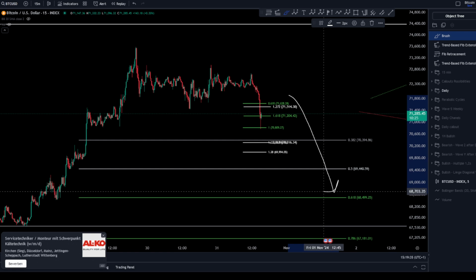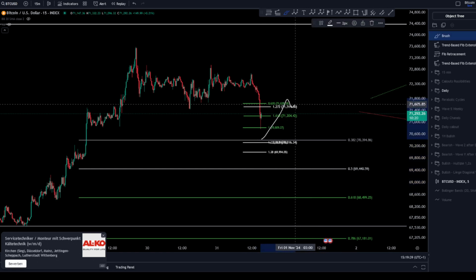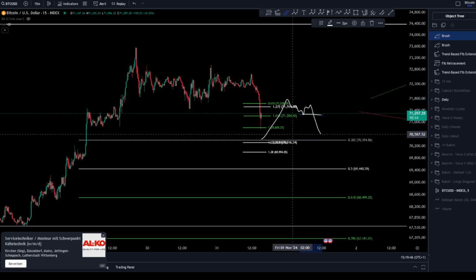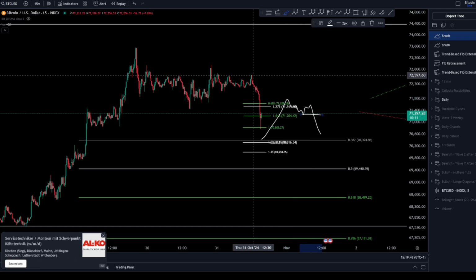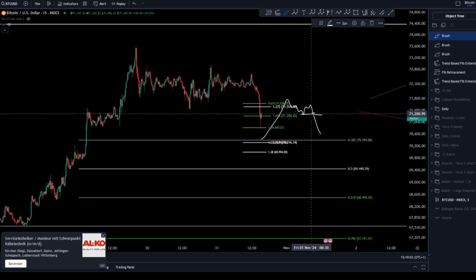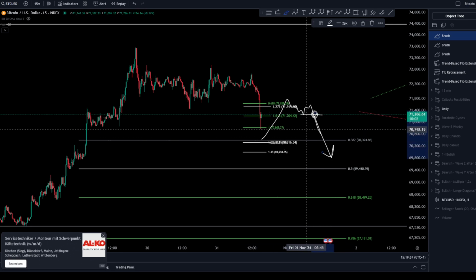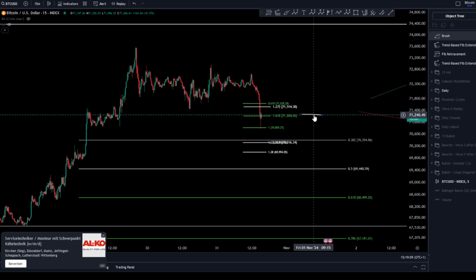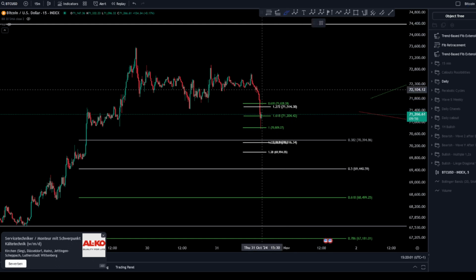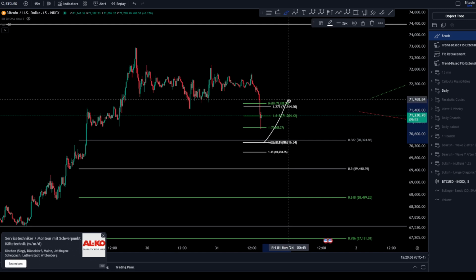If we move impulsively again towards the downside, by all means, if we get high and we get, of course, 5 waves down, 3 waves up again, and then confirmation, definitely we are continuing here a 1, 2, and then we are continuing a wave 3. So therefore, of course, again, confirmation towards the downside. So for the bearish scenario, guys, we cannot confirm it yet until we finish this impulse and we see what the wave 2 will tell us.